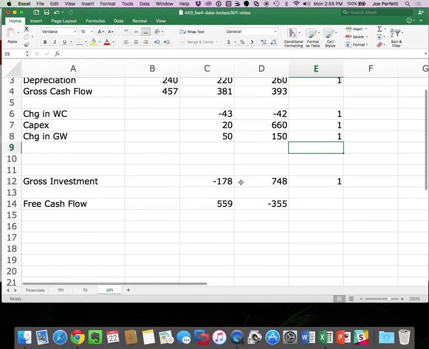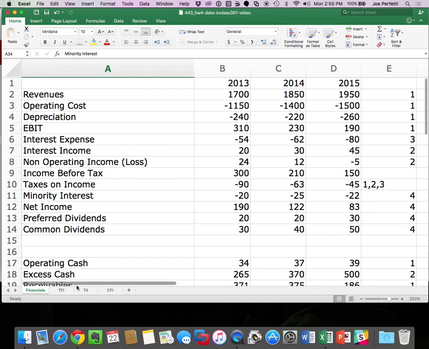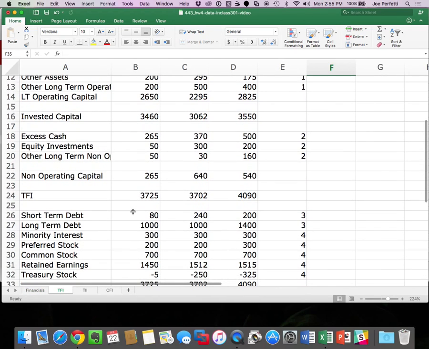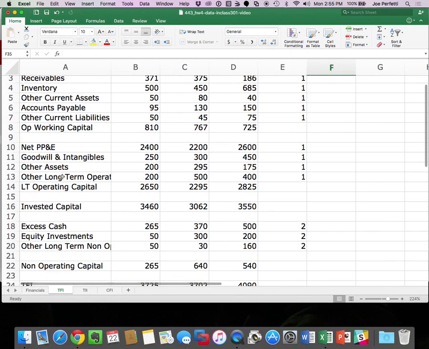All right, back to this. Changing goodwill. In the interest of time, we'll move a little bit faster. What do we got here? We've got change in goodwill. What's next? Change in other assets, change in other long-term operating liabilities.